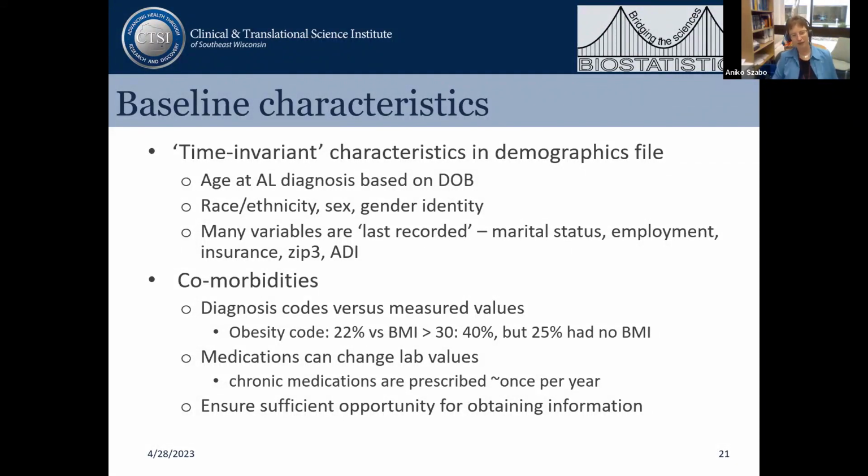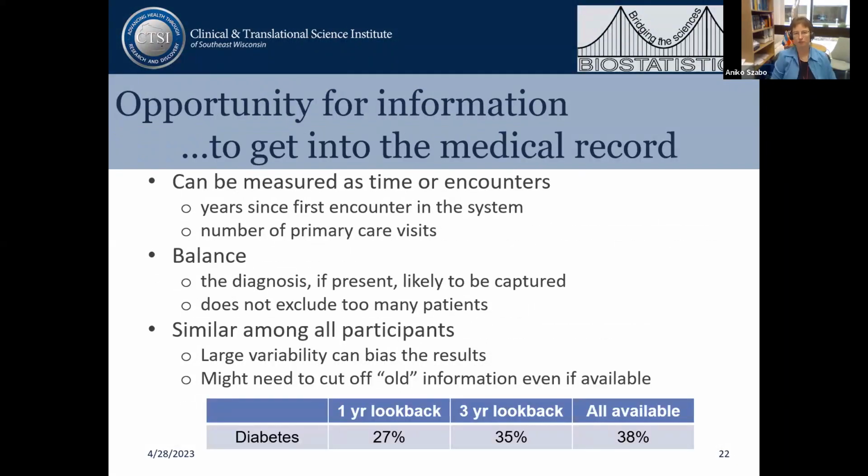The last point about comorbidities that I want to talk more about is that you really also need to make sure that you had an opportunity to pick up the comorbidities. So this opportunity for information is about the opportunity for the information to get into the medical record.